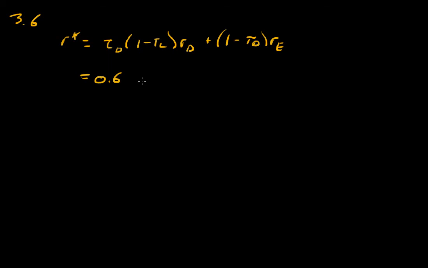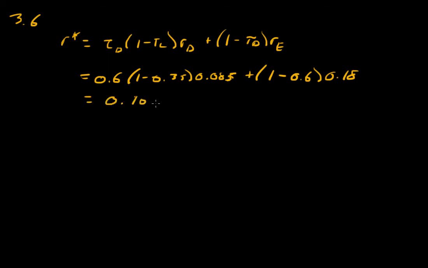Our target debt ratio is 60%, the tax rate is 35%, the return on debt is 8.5%, 1 minus the 60%, and then the rate of return on the equity is 18%. Okay, if we do that math, we should get 10.52.